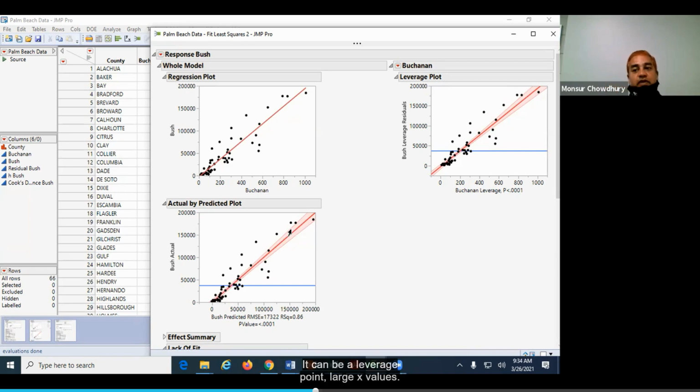It can be a leverage point, large X values, but if it's not affecting the slope a lot, we don't need to say that this is an influential observation.